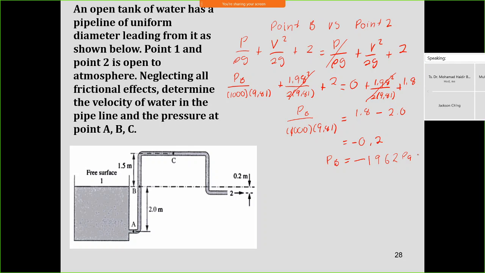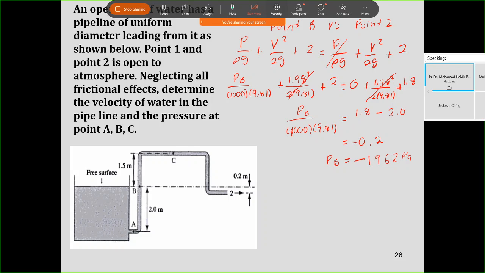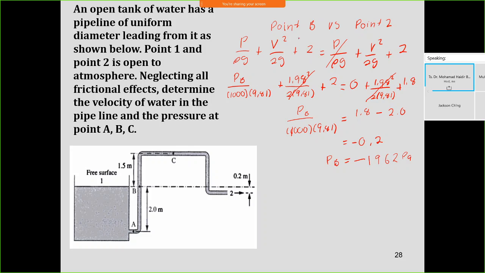If you want to check, you can do it by yourself. You can compare point B and point 1, and you will get the same answer, PB equal to negative 1962. Let me try comparing point 1 versus point B. P over rho g plus V square over 2g plus Z equals P over rho g plus V square over 2g plus Z. Don't get confused, Z and 2 are the same in my handwriting.